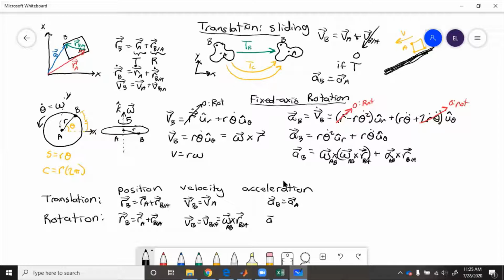And then for acceleration for fixed axis rotation, AB equals omega cross R plus alpha cross R. This is the cross product, so it makes a vector. That R is B with respect to A, and the omega is of member AB, and also the alpha, which is angular acceleration, is of member AB.